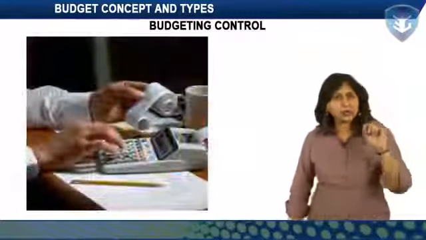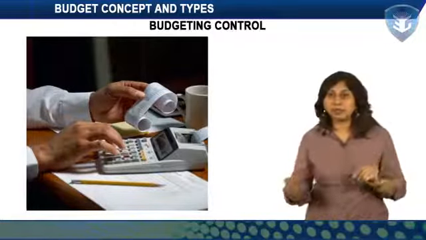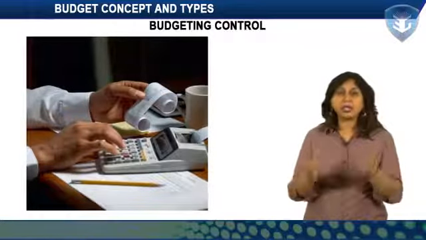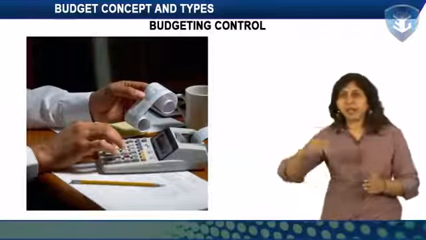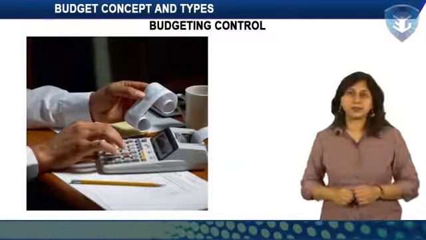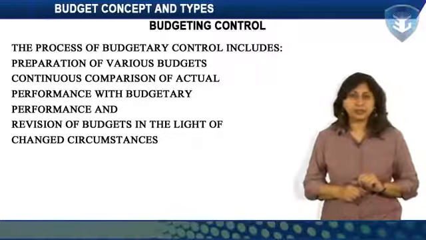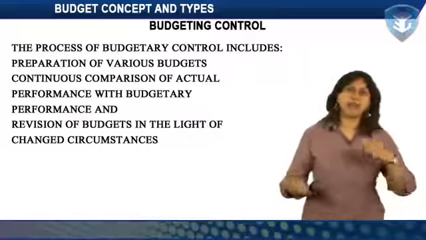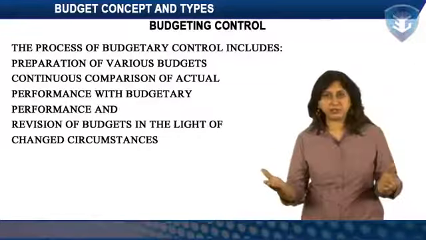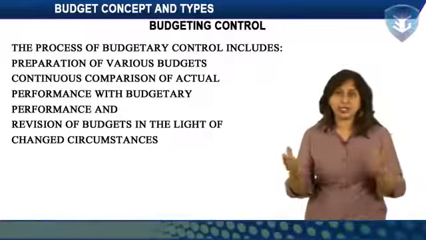A budget should provide the information necessary to enable approval, authorization, and policy-making bodies to assess a project proposal and reach a rational decision. The process of budgetary control includes preparation of various budgets, continuous comparison of actual performance with budgetary performance, and revision of budgets in the light of changed circumstances.